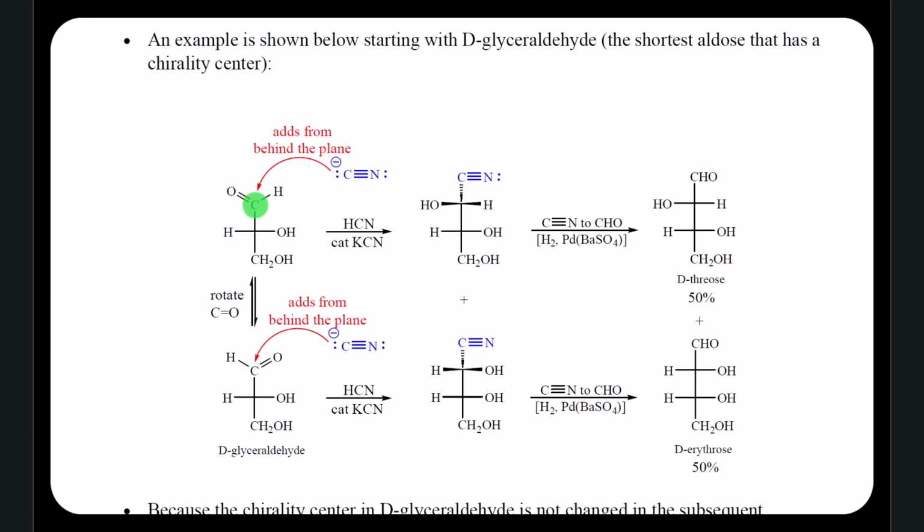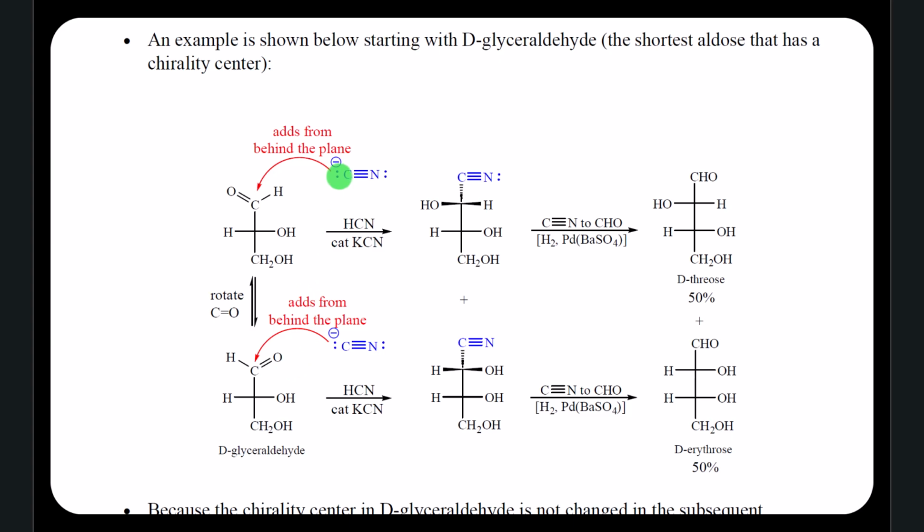And to create the 2 chirality centers, I imagine that the aldehyde is in the plane of the paper, but that it exists in one of 2 possible rotations: one where the carbonyl is on the left, or rotating 180 degrees around this bond, the carbonyl group would then be on the right.